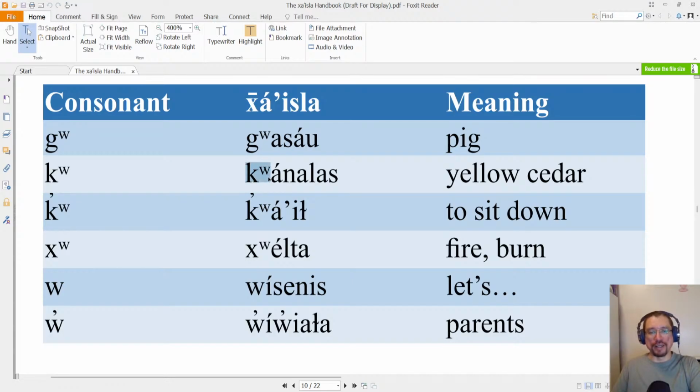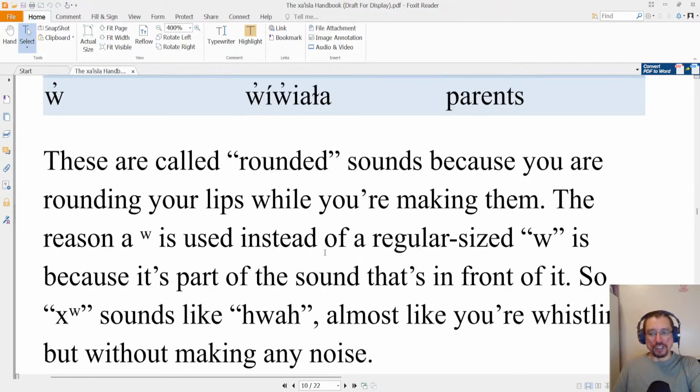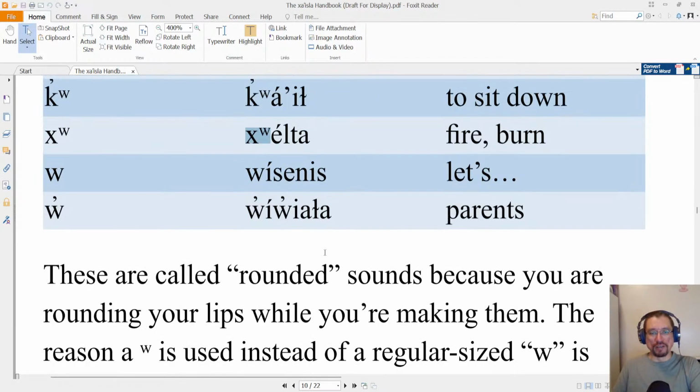That's the rounded K, kwa, the regular rounded K. With the ejective rounded K, you're making more of an explosive sound, a forceful sound, kwa, kwa. And then the rounded X, we're going hua, hua. So it's integrated into the sound. It's basically what I'm trying to say here.